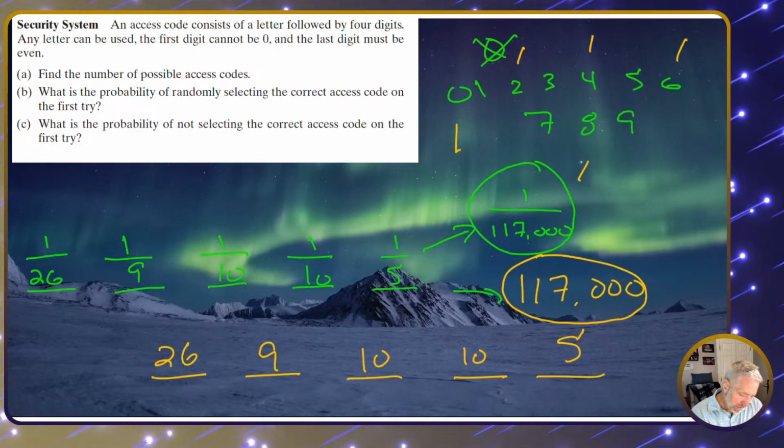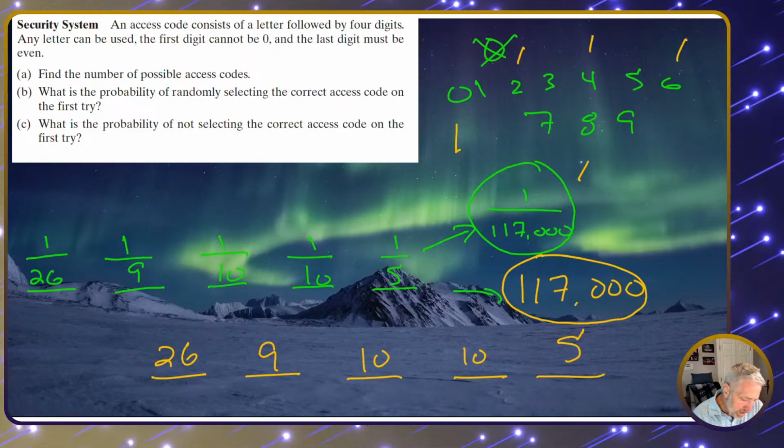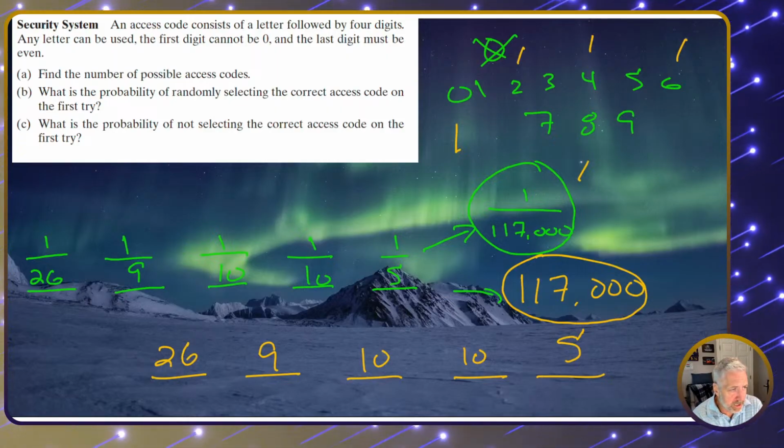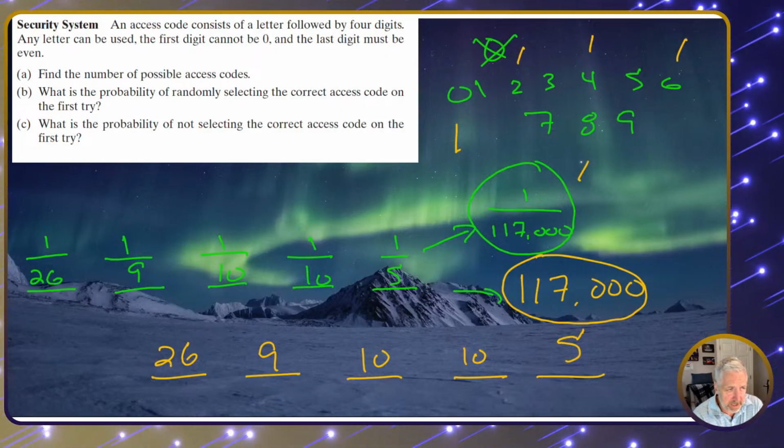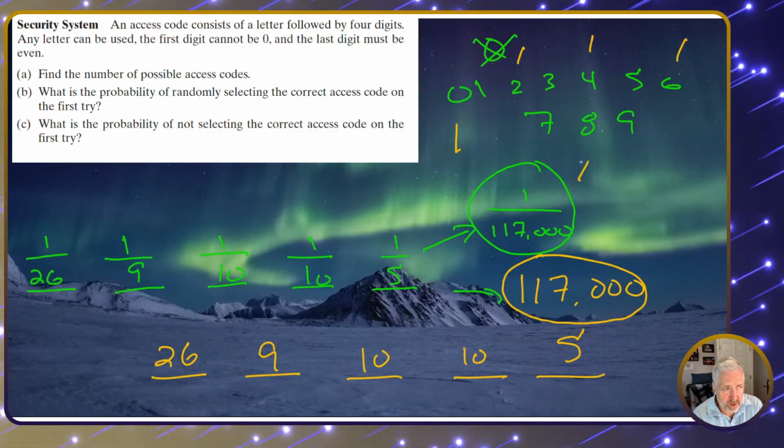Okay, and then what is the last question here? C says, what is the probability of not selecting the correct access code on the first try.